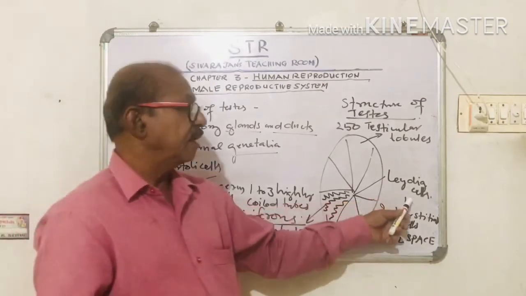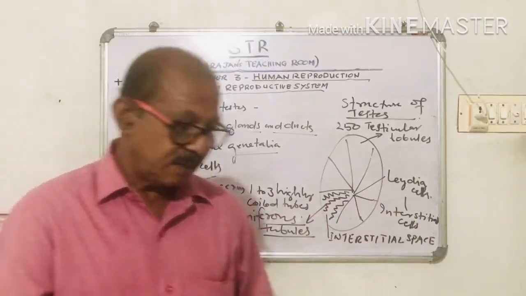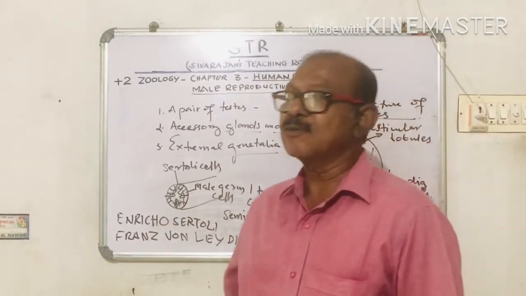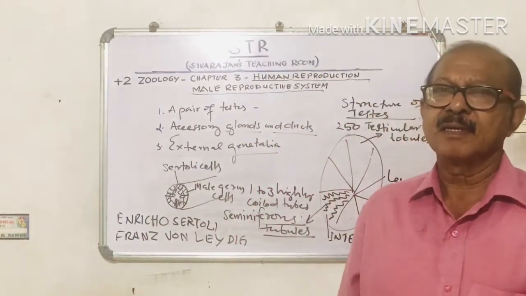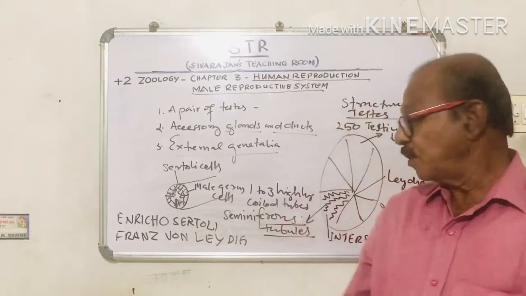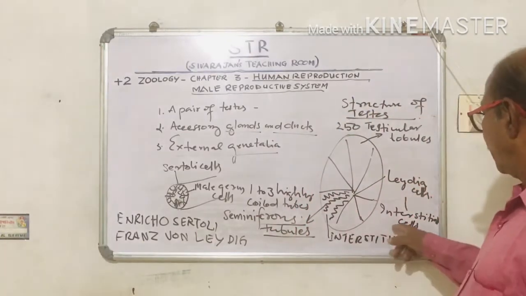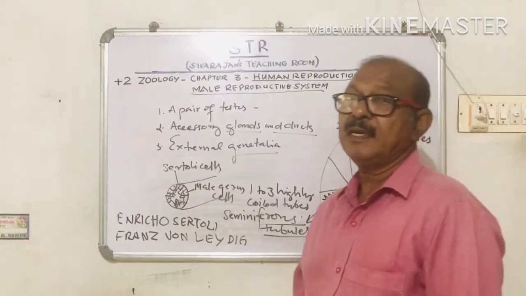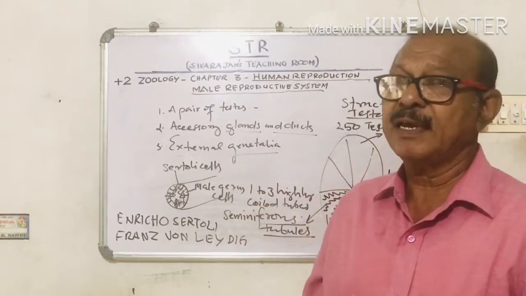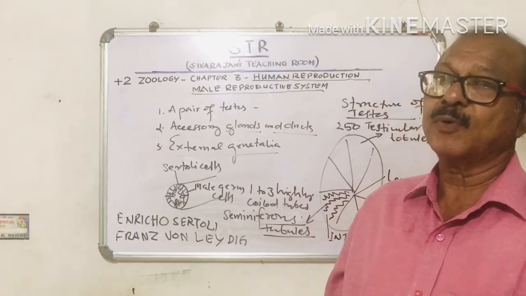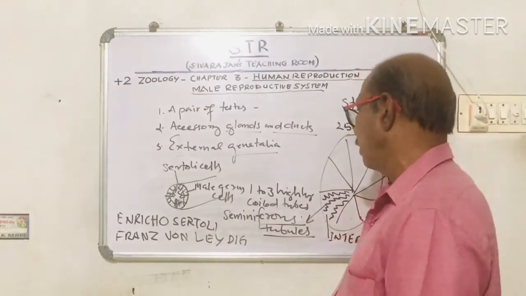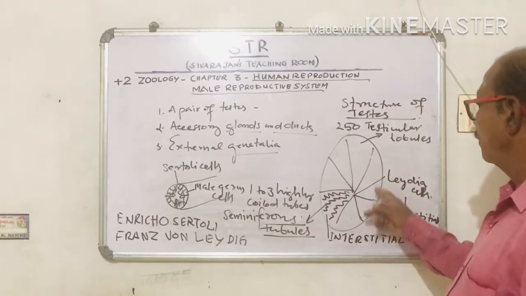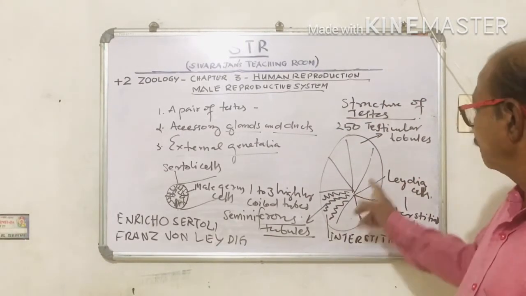So they are called the Leydig cells. And what is the function of Leydig cells? The Leydig cells produce the androgens. Androgens means the sex hormones. So the interstitial cells or the Leydig cells produce the androgens, or we can say the male sex hormone, that is testosterone.